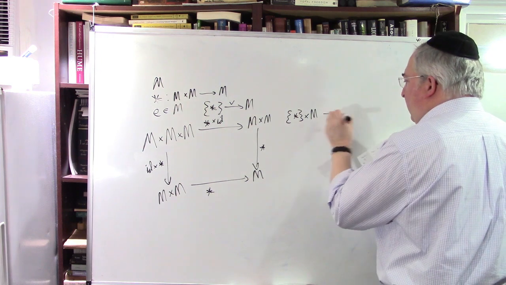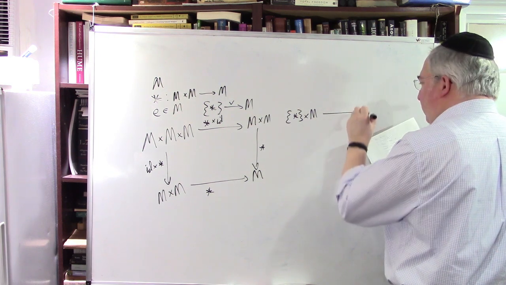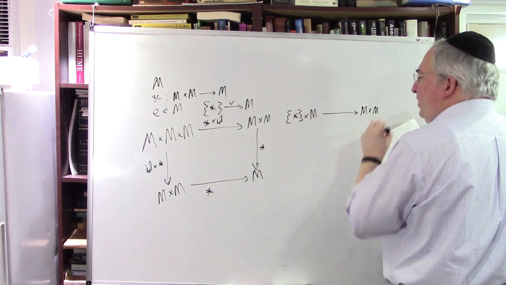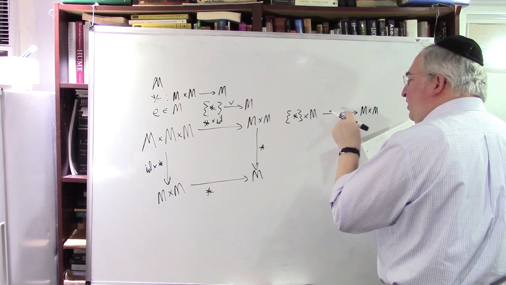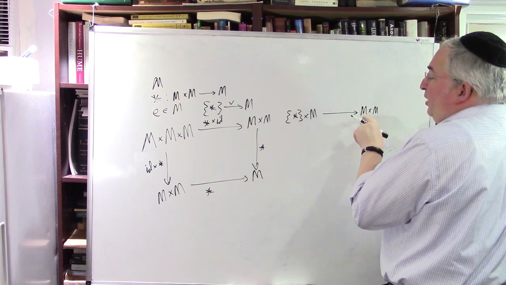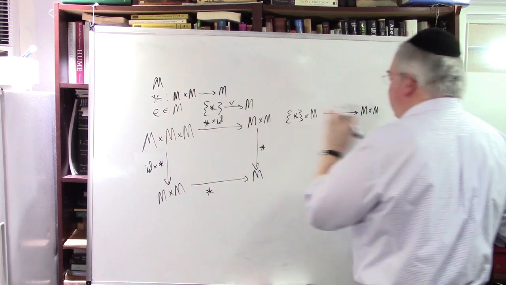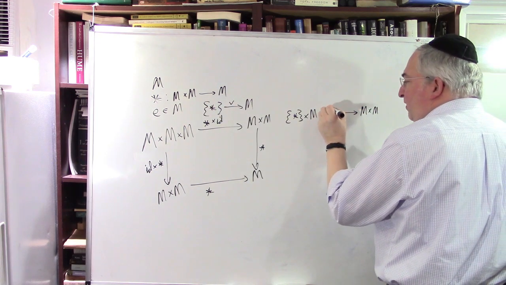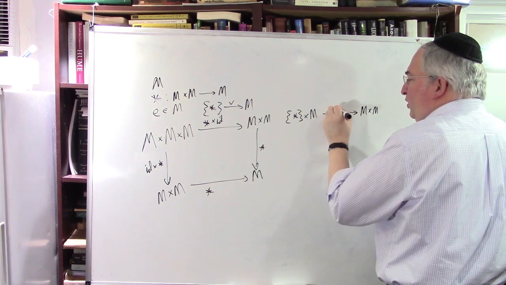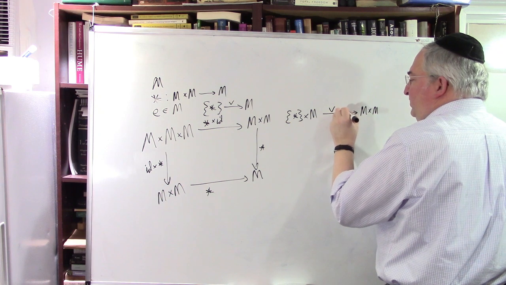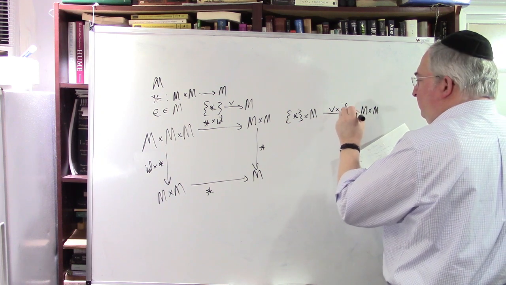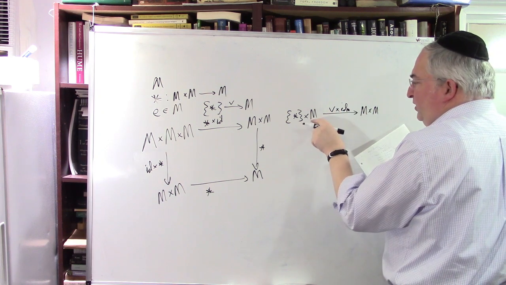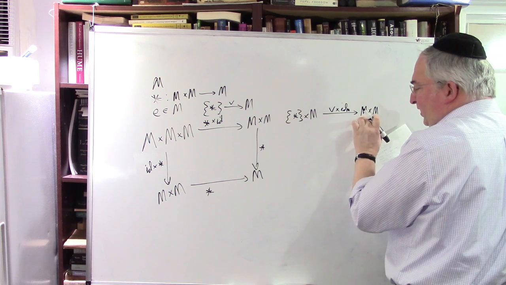And I want to talk about M cross M, and I want this to pick out the e in here. So this is going to be v cross identity on M. Don't touch what's in here, just pick out that e.